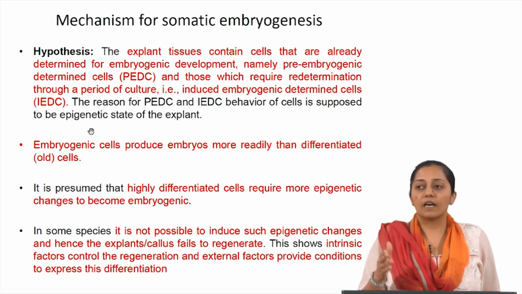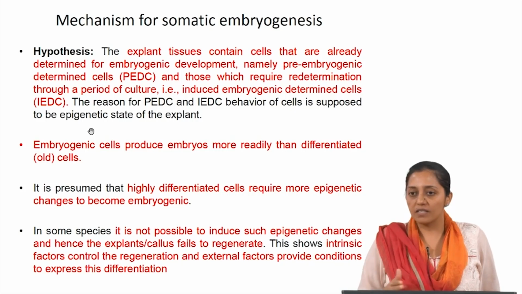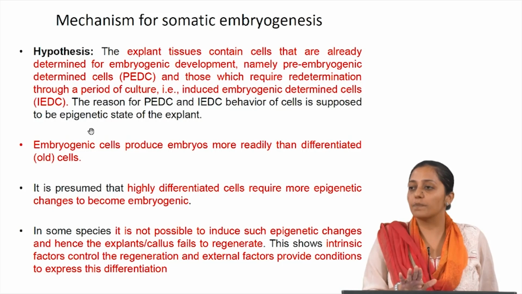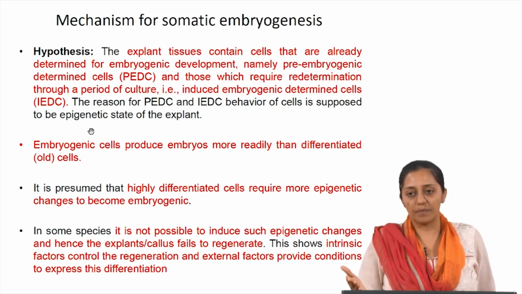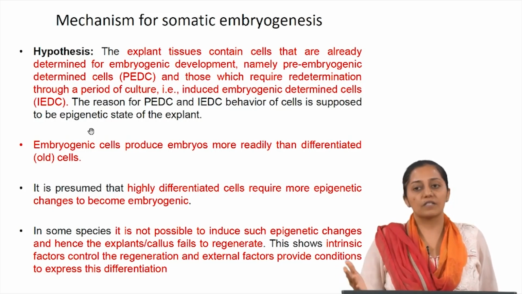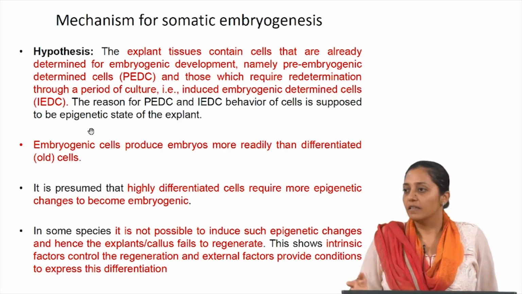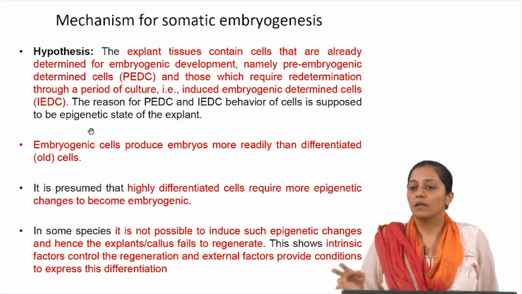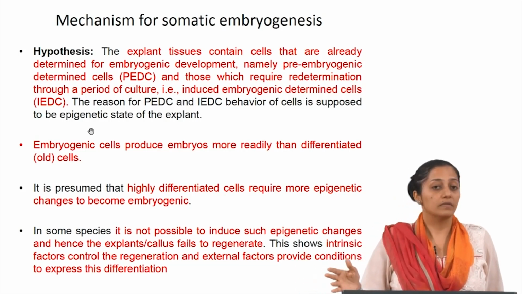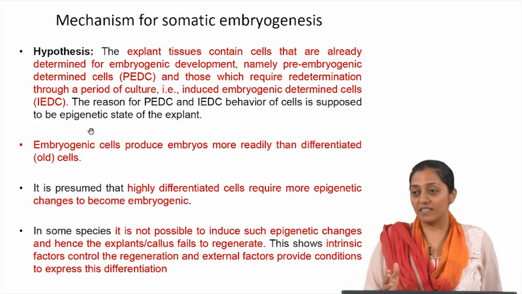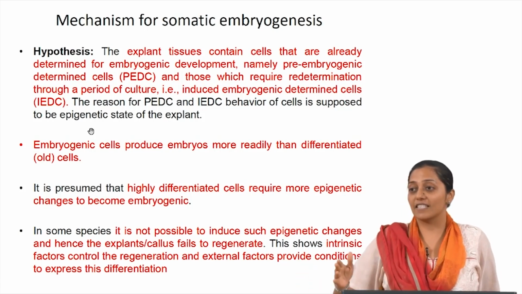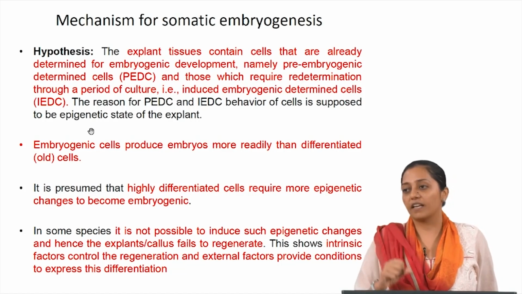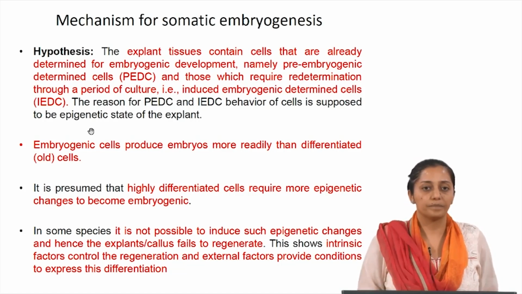The cells are undergoing these genetic changes in the sense the genetic machinery which was not expressed then starts getting expressed, which means which was cryptic is now expressed, thereby leading to some DNA replication and translation, thereby leading to biochemical changes, histological changes and cytological changes, which then you can see the morphogenetic events like somatic embryos.